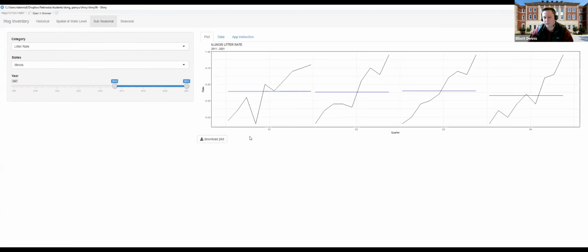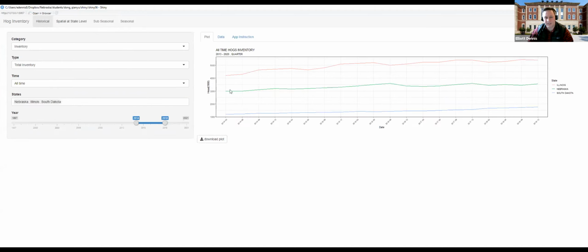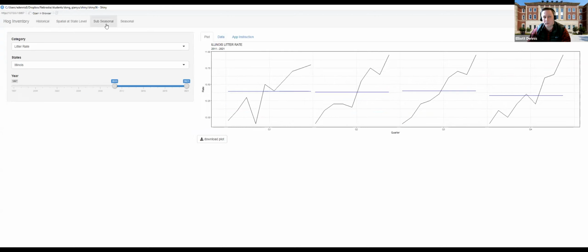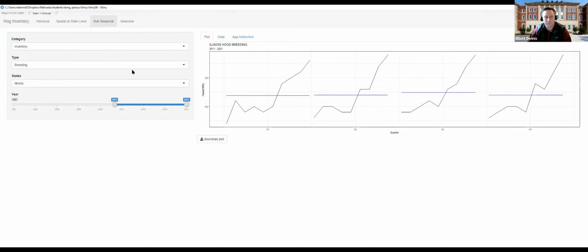And then this allows you to visualize what we call quarterly trends. As you're looking at this, I see the general trend over time, but maybe there are dynamics within the quarter that I'm missing. So this subseasonal plot allows me to visualize the data coming out from NASS and how it has been changing over time. This is for Illinois, and we're looking at litter rate. We can just pop to inventory because we were sticking with that.